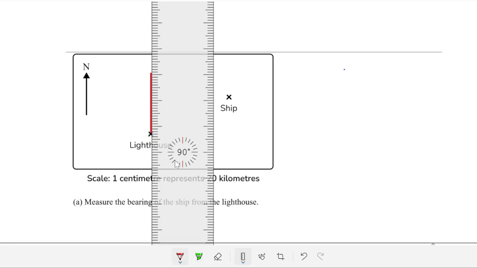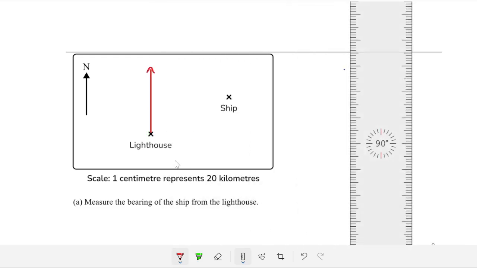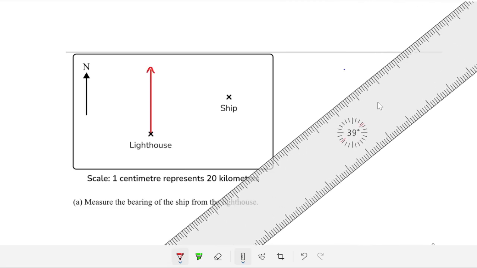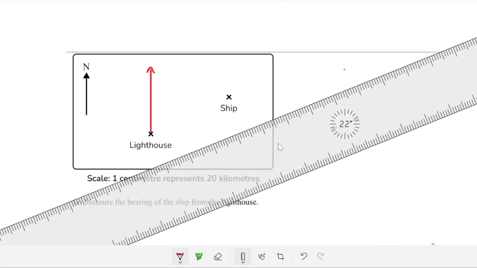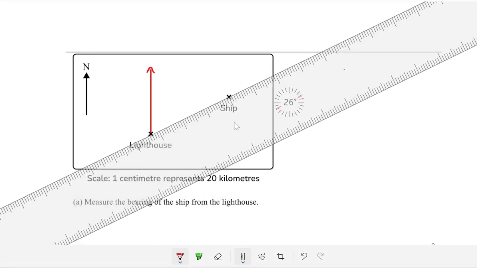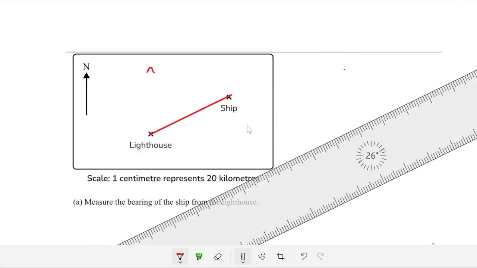So north from the lighthouse. And then I'm also going to spin that round, and draw a line joining the ship and the lighthouse together. So I'm going to go there. And I want to measure this angle here.